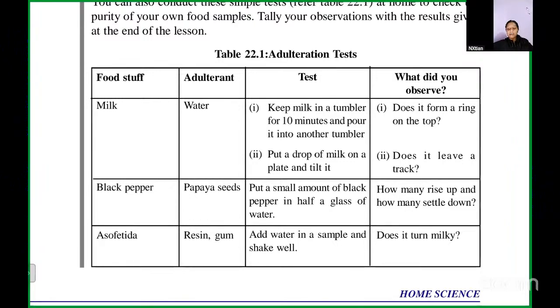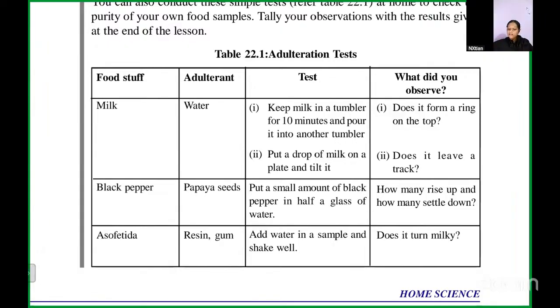Black pepper is adulterated with papaya seeds. If you've eaten papaya, you must have seen the seeds that come inside it, small and black. And black pepper is also black, small and round. So the papaya seeds are dried out and mixed in your black pepper.